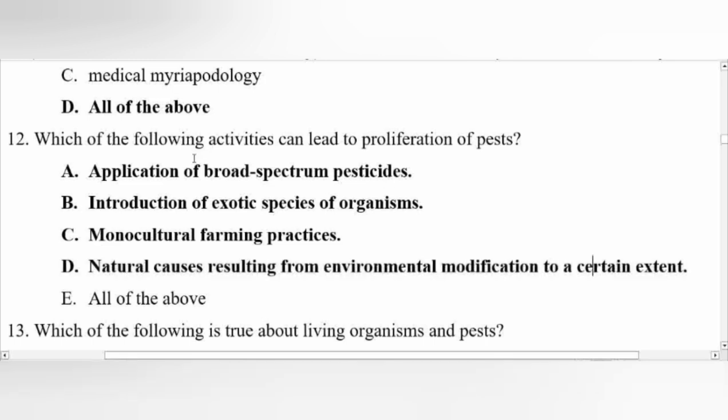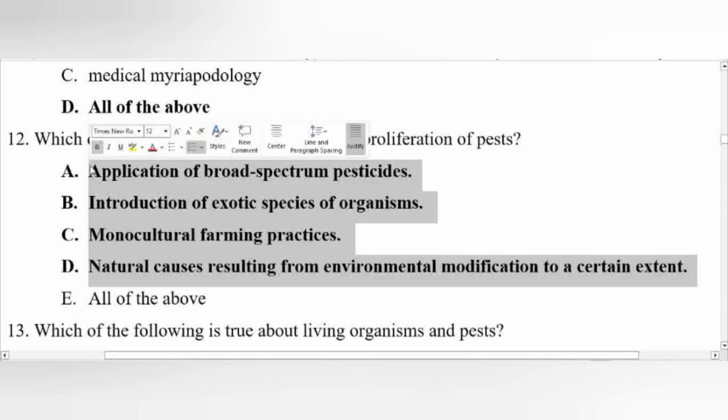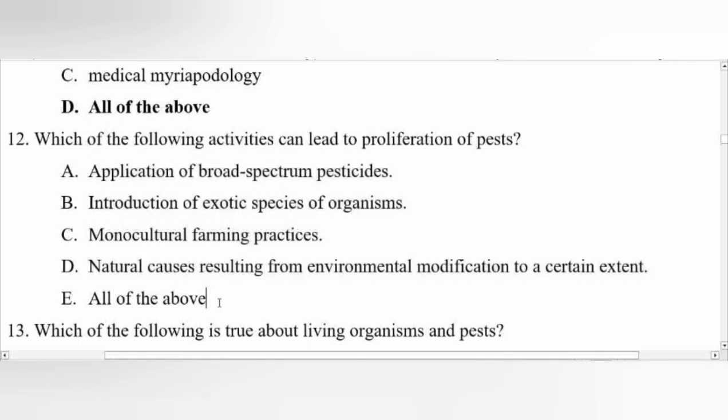So if we've been able to establish that all the options, from A to D, can lead to proliferation of pests, then our best answer here should be option E, all of the above.